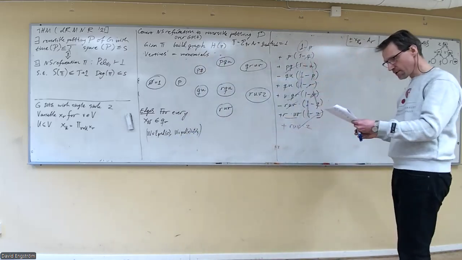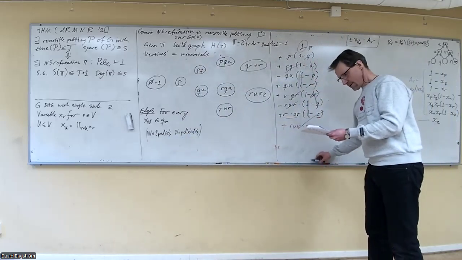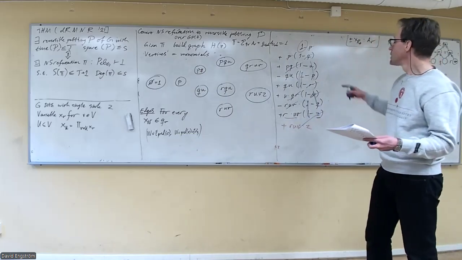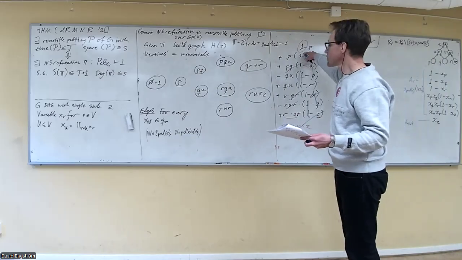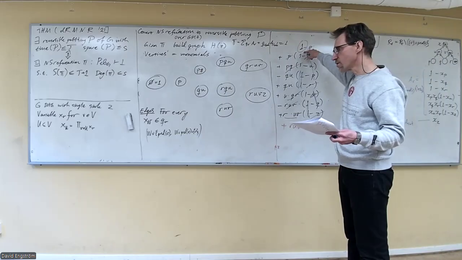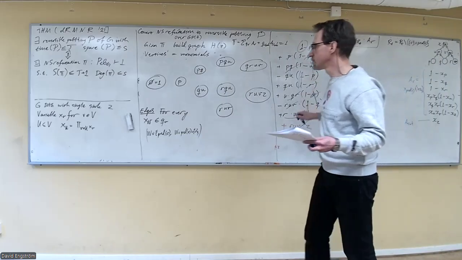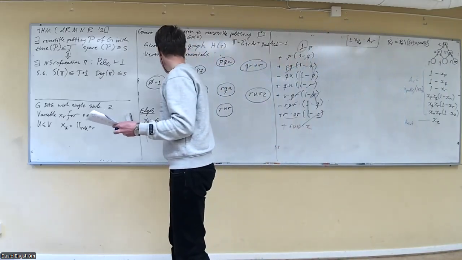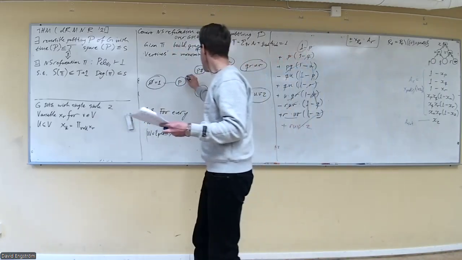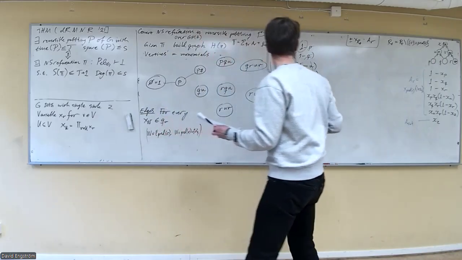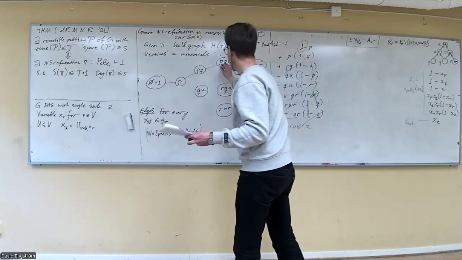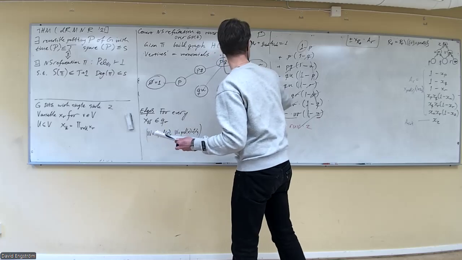Let's look at our example derivation again. So first we had here x_V was 1. So this gives us this edge. Here we get this edge. Here we get this edge. Here we get this edge.